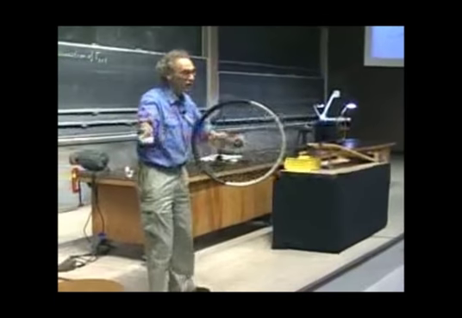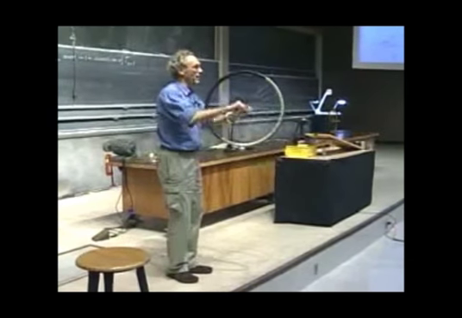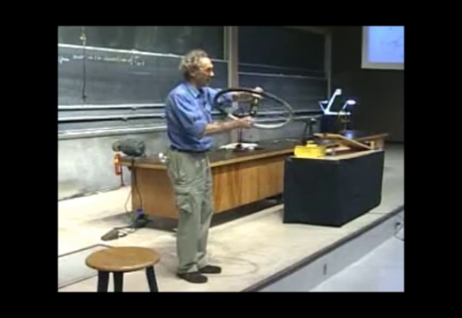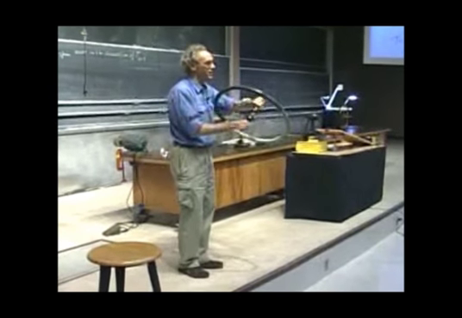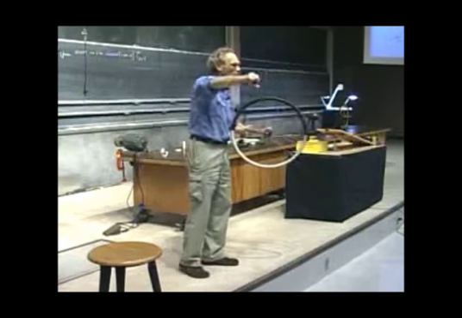And then I'm going to sit on this stool, and I'm going to torque exactly as you see on the picture on the right. I'm going to torque like this. And as long as I torque it like this, that spin angular momentum wants to go around in the horizontal plane.